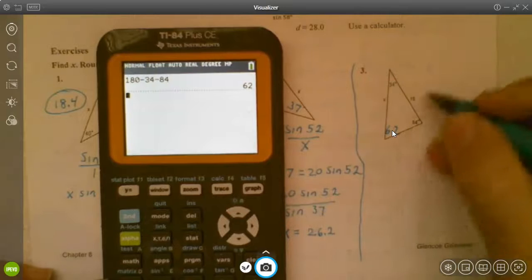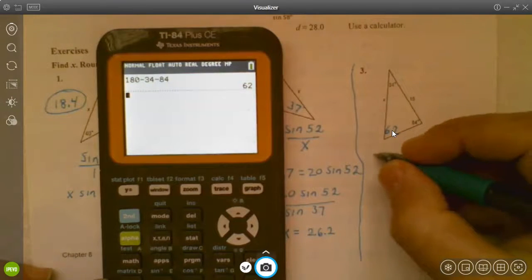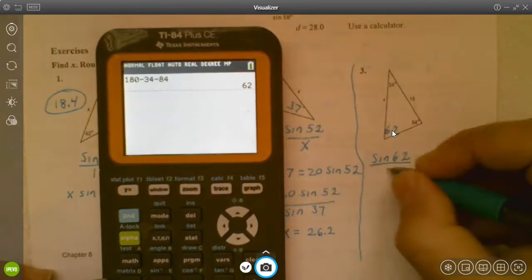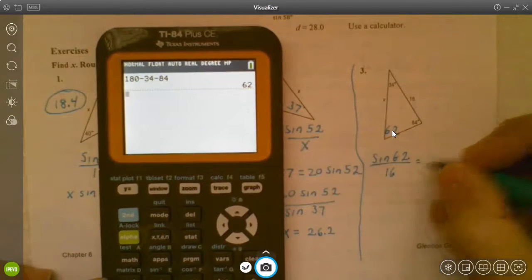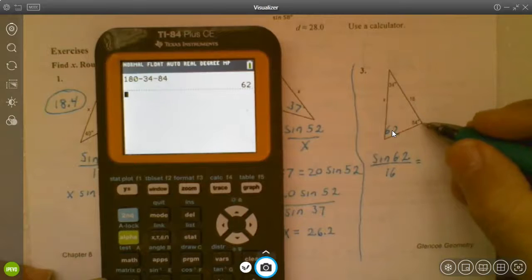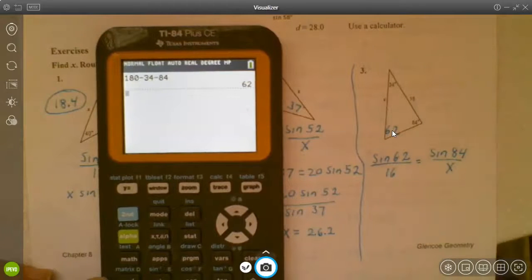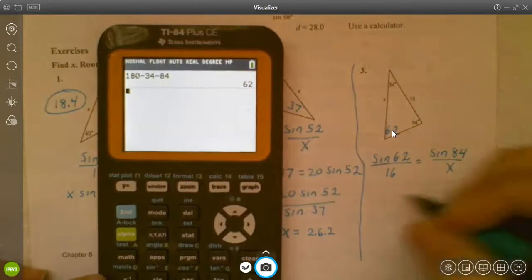And so now we can set up that complete ratio by saying sine 62 over 16. And then on the other one right here, I got sine 84 is across from x. And that's it. We'll do a little cross multiply.